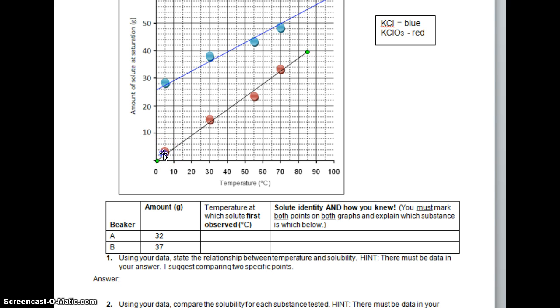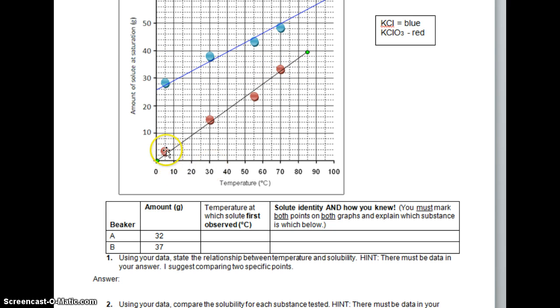There was about 5. I think my points keep bumping on me. Sorry about that. There was about 5. And when we go all the way up here to what temperature? 70. Now, how much do we have? We have about 33.